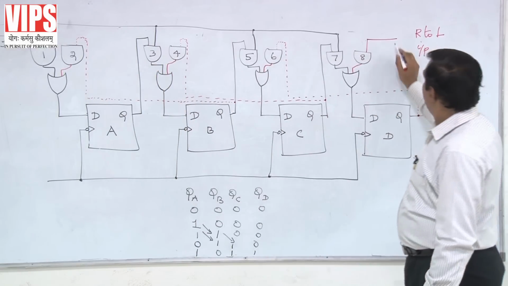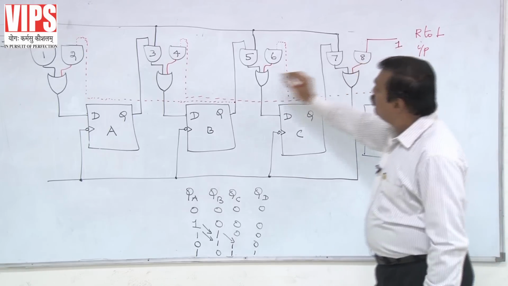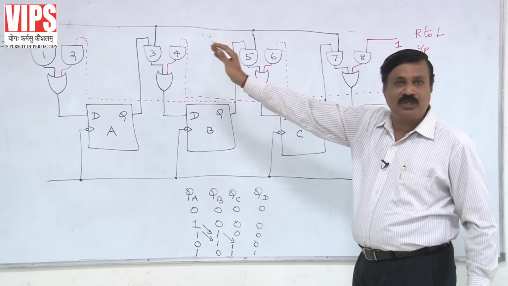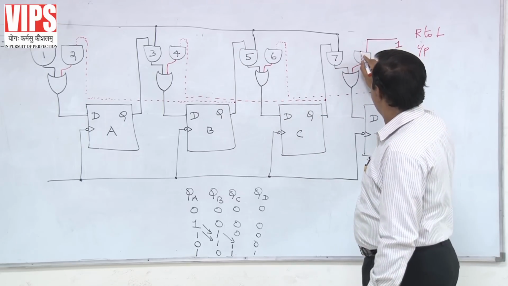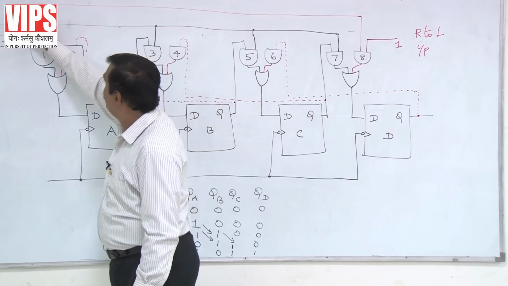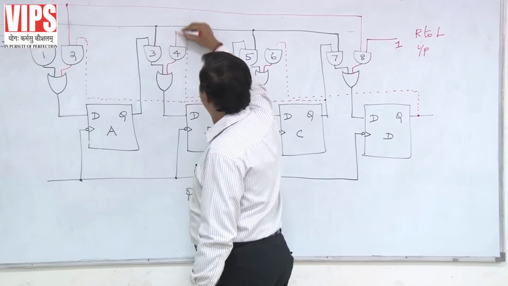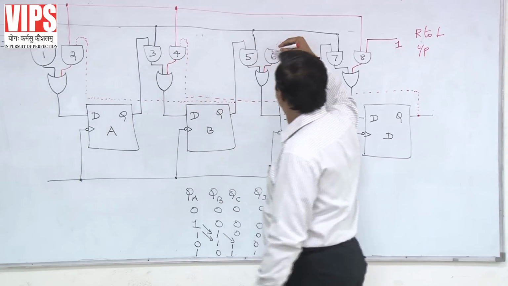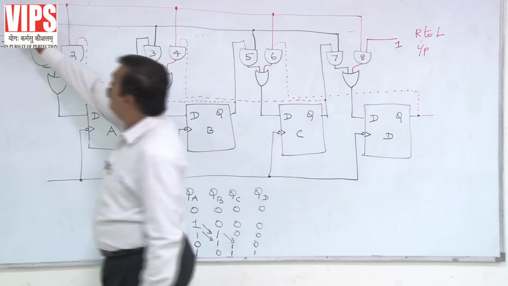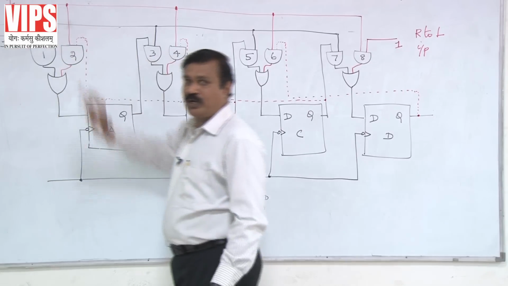See, you are giving input 1 here. Again 2, 4, 6, 8 should be connected to the common terminal. Connect all. If you give 1 here, forget this first control line.